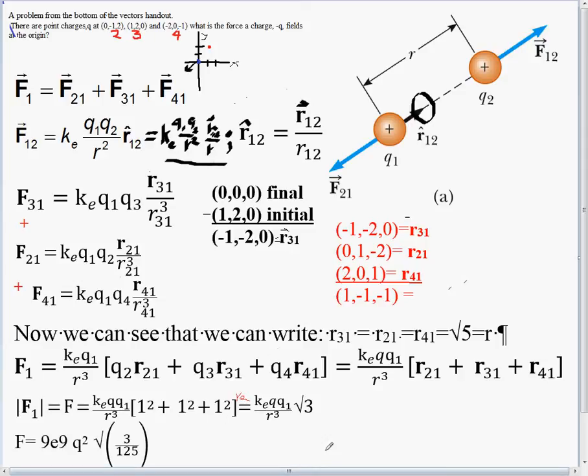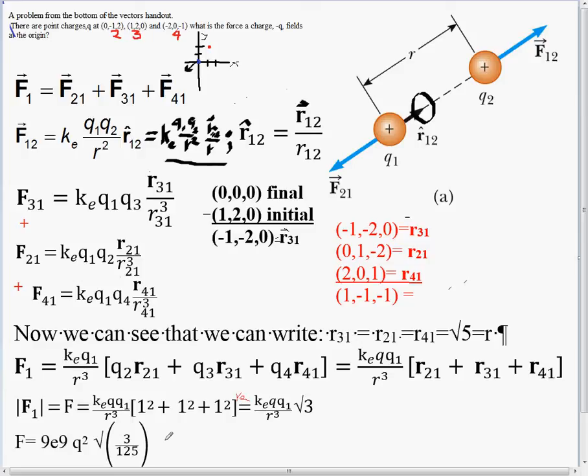I knew it was there, and in the next step, when we write that out, we have the square root of 3. Well, let's substitute in for things that we know, and one of those is K electric, 9 times 10 to the 9th. Both the Q's are the same in magnitude, so we have that as Q squared.